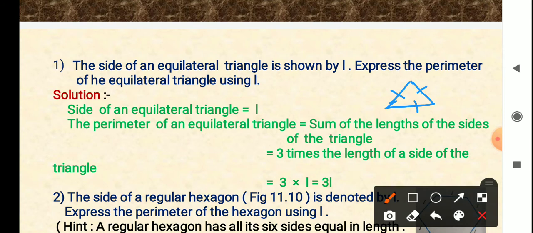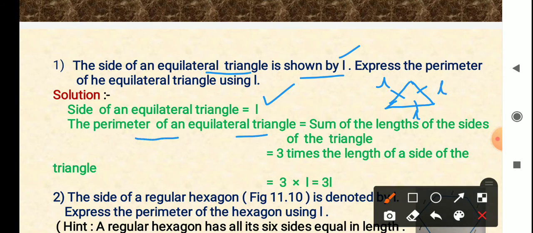Three sides, and these three sides are equal in length. So the side of an equilateral triangle we consider as L, which is given in this example. The side of an equilateral triangle is L.